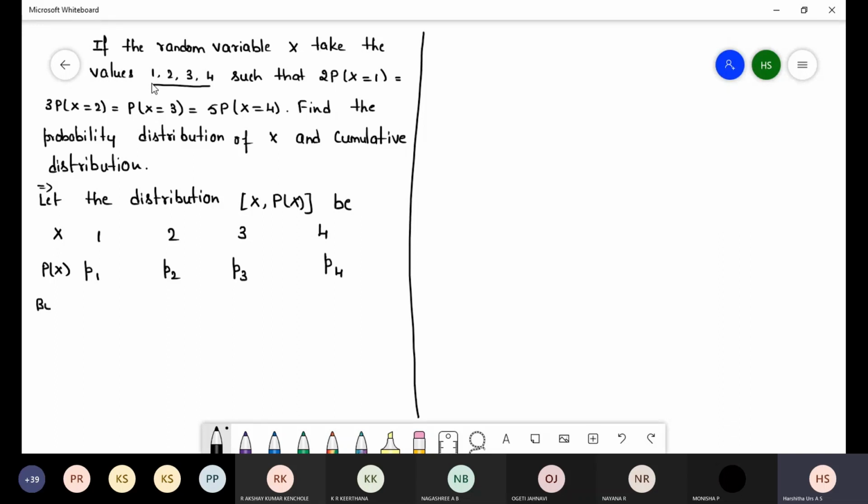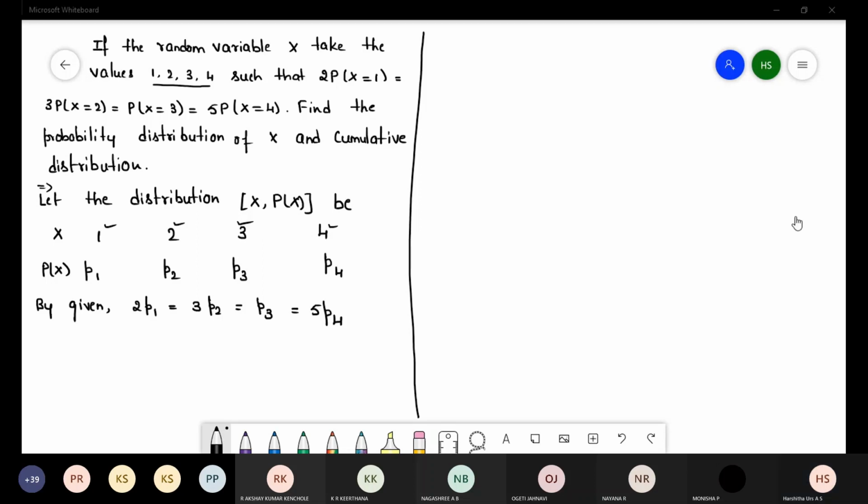So by given 2p of x1, means 2 into p of x1, then p of x2, p of x3 and p of x4. So 2p1 is equal to 3p2, see the condition, that is equal to p3, that is equal to 5p4.